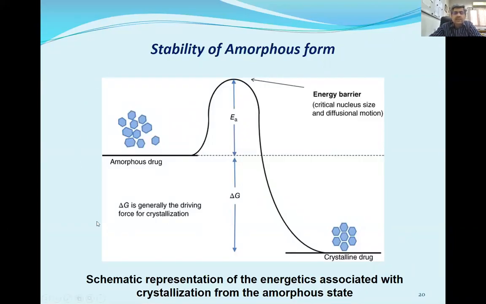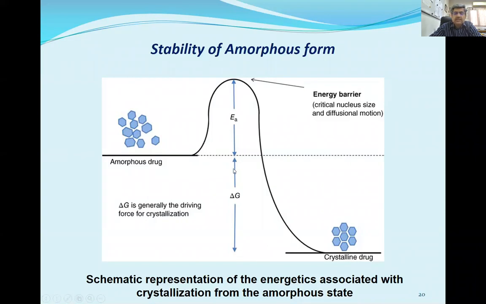This is the energy diagram. Here is the amorphous drug and here is the crystalline drug, and this is the scale showing the arbitrary free energy units. As you can see, the amorphous drug has a higher free energy as compared to the crystalline drug, which has a lower free energy.